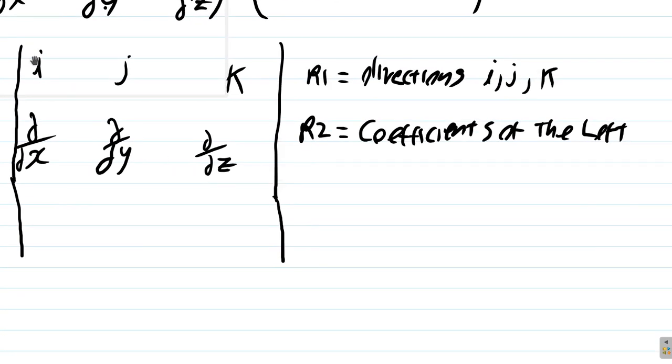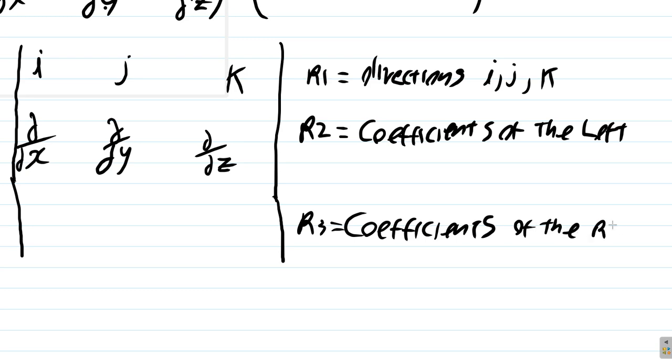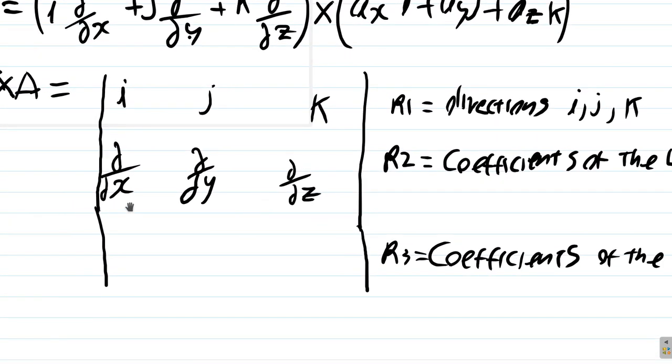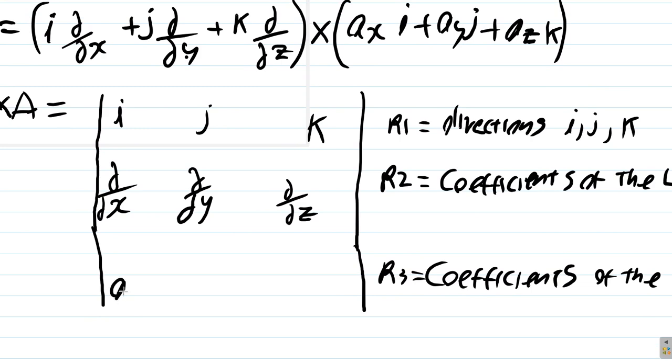And then row 3 will contain the coefficients of i, j, and k of the vector on the right. So in this case, the coefficients of A: Ax, Ay, Az.